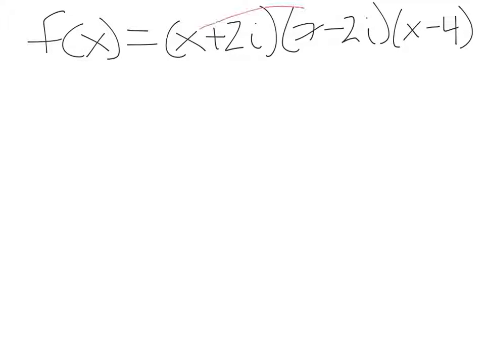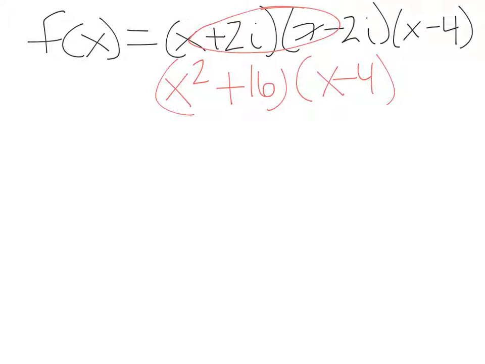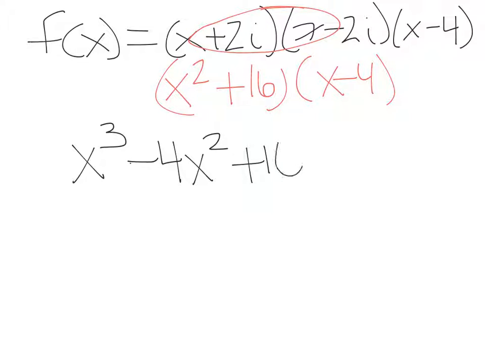Well, on the previous slide, I just FOILed these together, so we know that it's going to be x squared plus 4. And I have to FOIL that together with my x minus 4. X squared times x is x cubed. X squared times negative 4 is negative 4x squared. X times 4 is 4x. And 4 times negative 4 is going to be a negative 16.